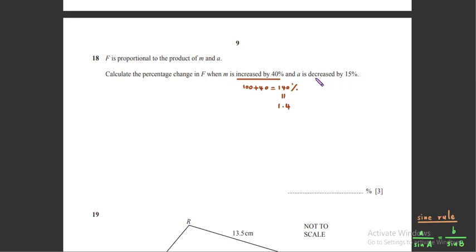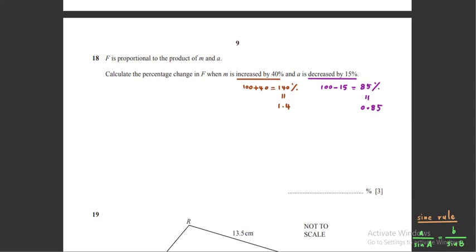The same way, we have to do this for the decrease of 15% as well. If it's been decreased by 15%, it means from 100, we need to deduct this 15. So when we deduct 15 from 100, it gives us 85%. This 85% as a decimal is 0.85. We have identified the two multipliers.